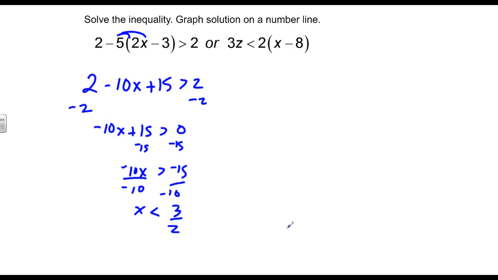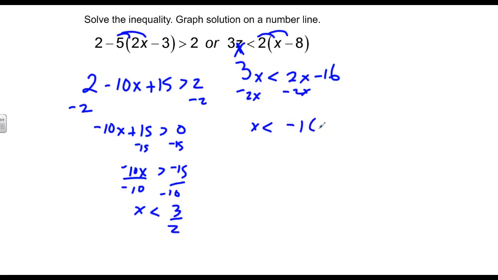3 halves, positive. On this side, I distribute the 2 through. I get 3, that should be an x, not a z. X is less than 2x minus 16. I'll subtract 2x from both sides. I get x is less than negative 16. This is going to be a unique situation as well because I have a negative 16.